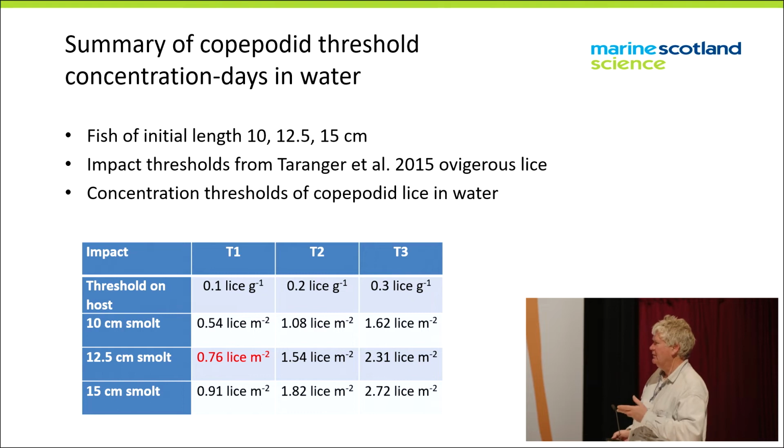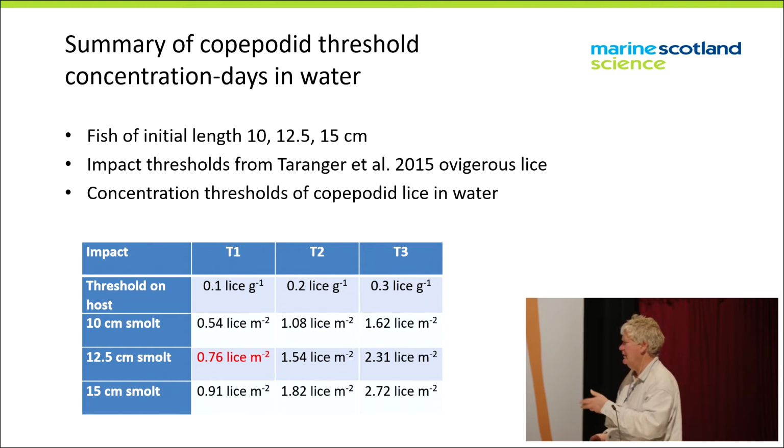So there's our formula, with results for a range of different smolt sizes and different thresholds. Of course, if you have 0.2 or 0.3 thresholds per gram of fish, you simply multiply the concentration you can tolerate in the water.